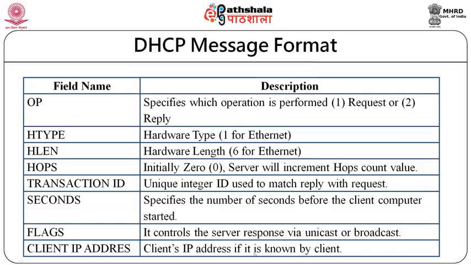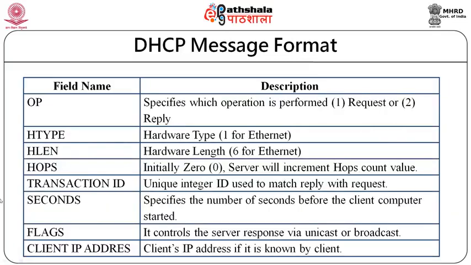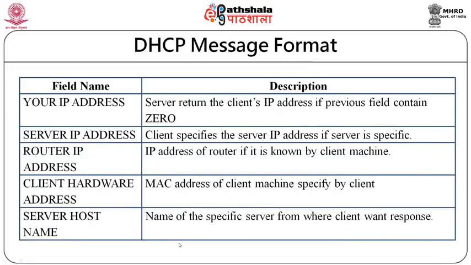If the client IP address is not known by the client, then it will go to your IP address. The server returns the client's IP address if the previous field contains 0, here in your IP address.